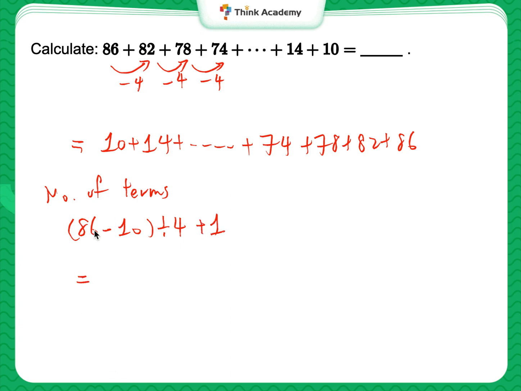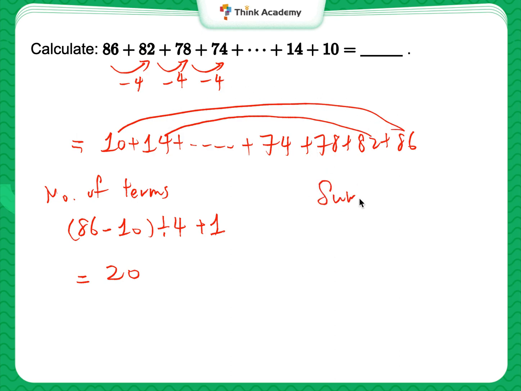So that's going to be 76 divided by 4, that's 19. 19 adding 1, that's 20. So we know that in this sequence we have 20 terms. Okay? And then, after knowing the number of terms, we can just try to pair these numbers up, because we know that each pair of them is going to have the same sum, right?